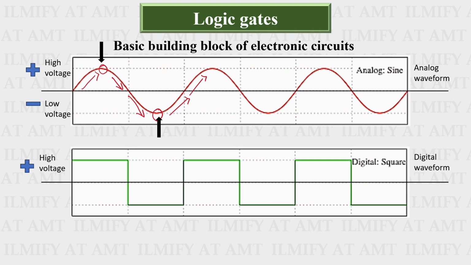The high voltage is indicated by 1 and the low voltage is indicated by 0. We can see from the waveform that the voltage drops to 0 from 1 directly, and again rises abruptly. This 0 and 1 is what we are going to use primarily in digital electronics.